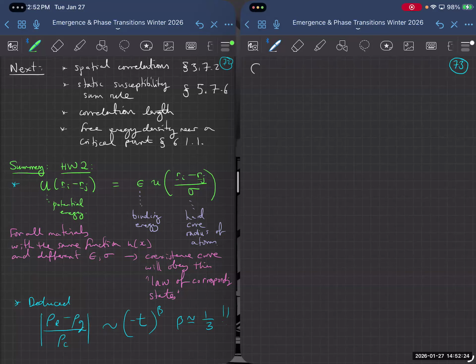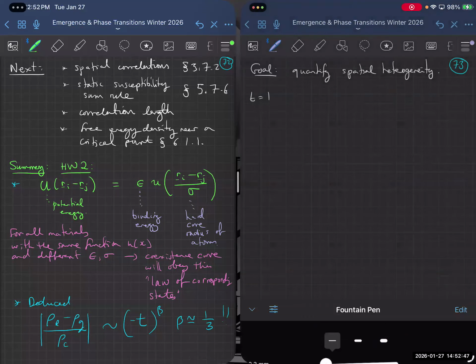So what is our goal? What we want to do is quantify the spatial heterogeneity. Let me give you an example. Let's suppose I took a snapshot of the system at 2 different times.